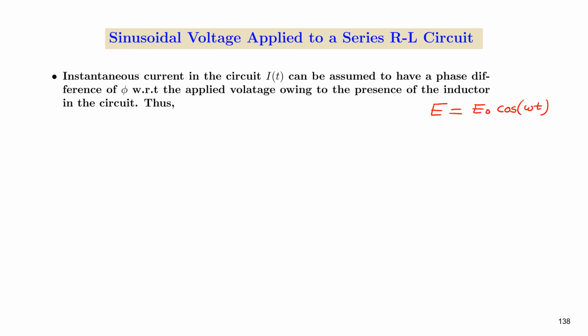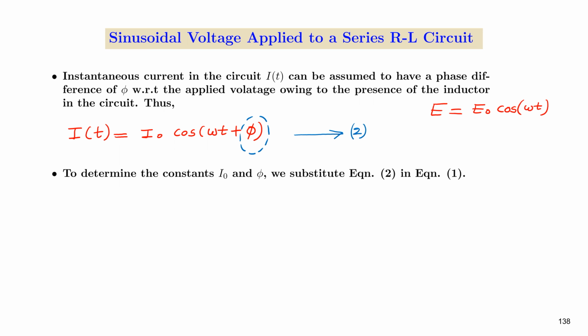Now, the instantaneous current I(t) would be equal to I0 times cos(omega t plus phi). That is, we assume that the voltage and current oscillations have a phase difference of phi. Now, we want to find the constants I0 and phi.